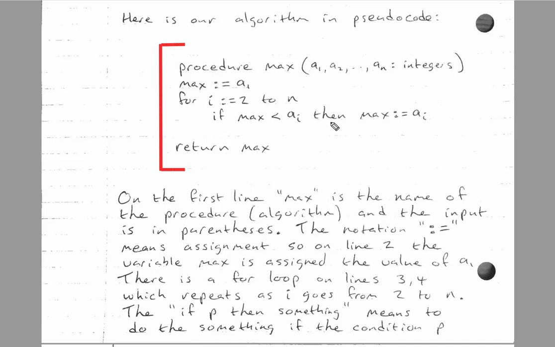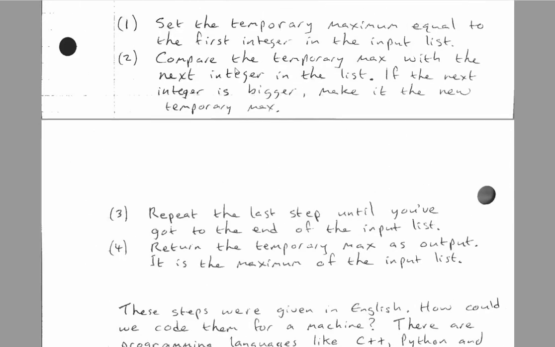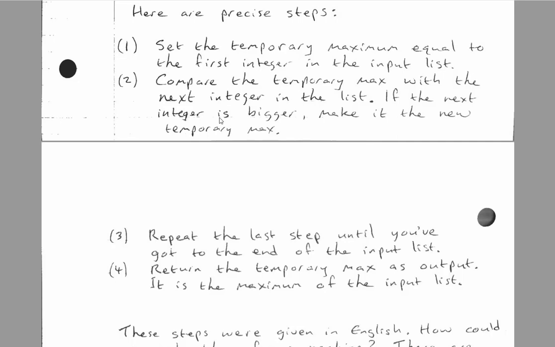So what's this repeating step? Well, it's just steps 2 and repeating it. Step 2 is compare the temporary maximum with the next integer in the list. If the next integer is bigger, make it the new temporary maximum.